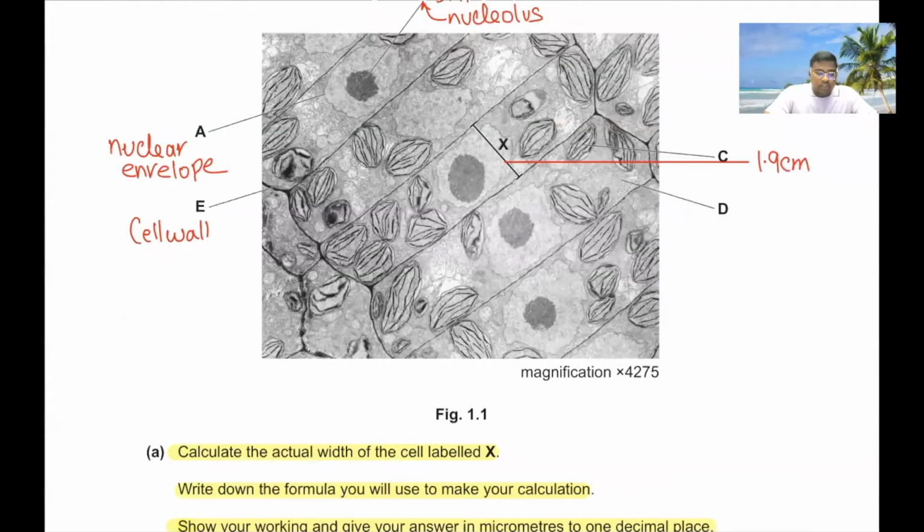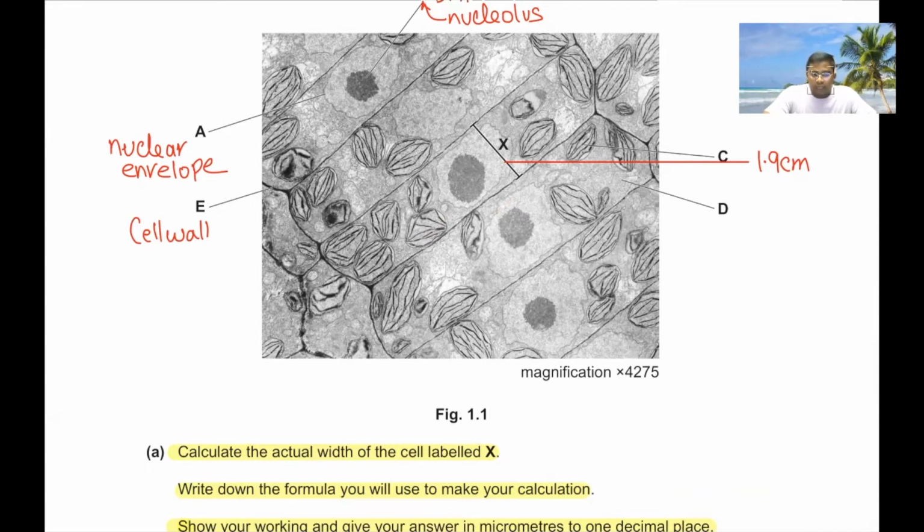Describe the evidence from figure 1.1 that shows that the image is a transmission electron micrograph. We can see the section with a very high resolution. We can also see the stacks of grana, and we can see the nuclear envelope clearly. Grana are only seen in a transmission electron micrograph, so that is evidence.